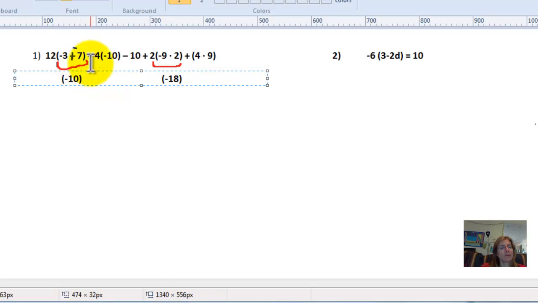So what we have now, if we bring down the rest of the problem, we still have the 12 in front of the parentheses. We have the plus 4 times the negative 10, minus 10 plus 2, and we have that negative 18, so it's 2 times the negative 18, and then plus 4 times 9.